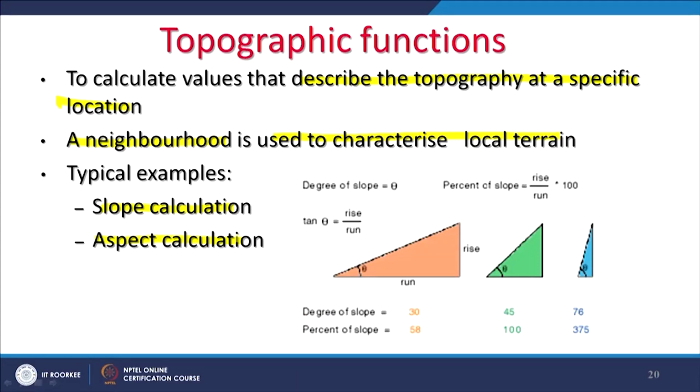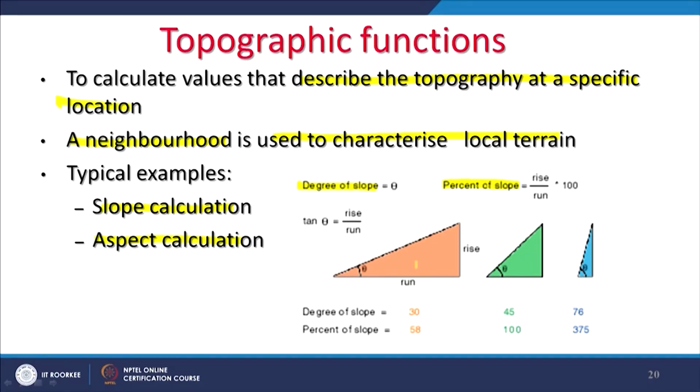Now, all GIS support calculations in two ways. Either you can calculate in terms of percentage, that means keeping values between 0 to 100, or in terms of degree, that means keeping values between 0 to 90. So, it is nothing but a rescaling if we go for 100.